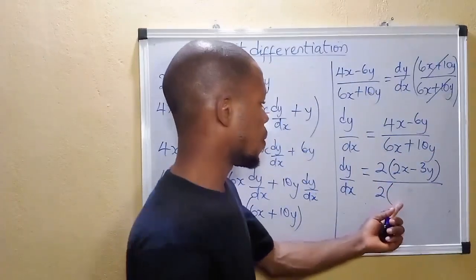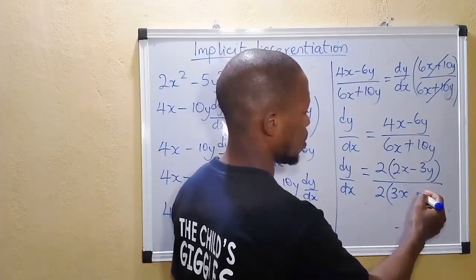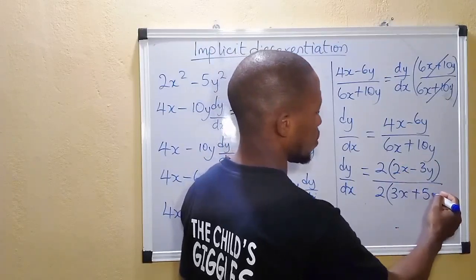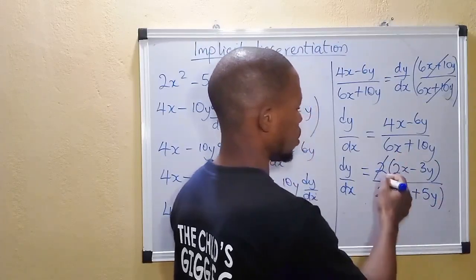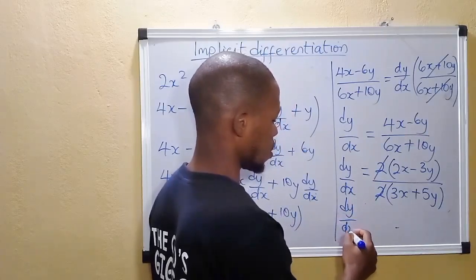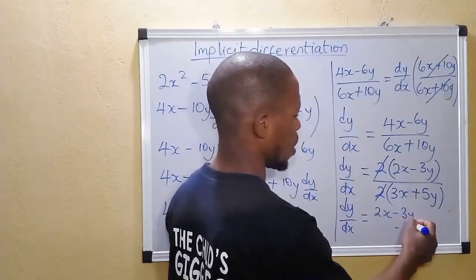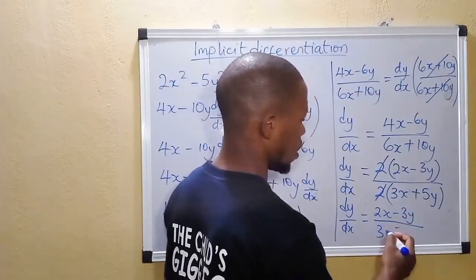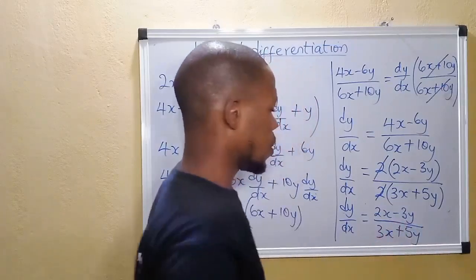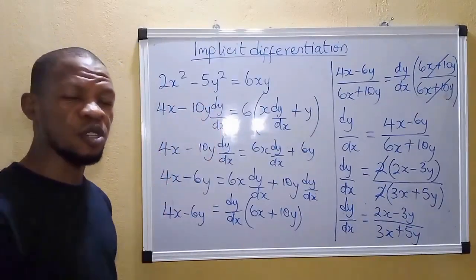Now we have 3x here plus 2 into 10 will have 5, plus 5y. So 2 here will cancel 2. Then left dy dx is equal to 2x minus 3y all over 3x plus 5y. This gives us the solution of this differential equation.